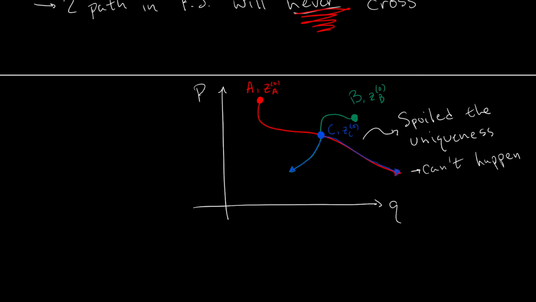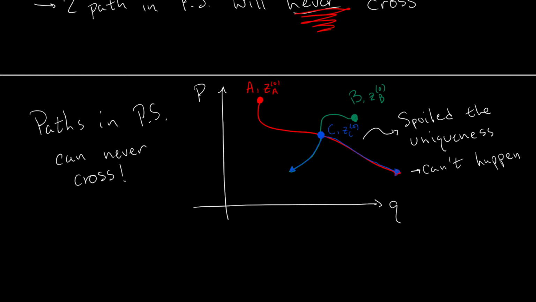We know that our set of differential equations for a given initial condition must have a unique solution. And so we see that paths in phase space can never cross. Okay, this is actually pretty important, right? This is a pretty important result. It's interesting.